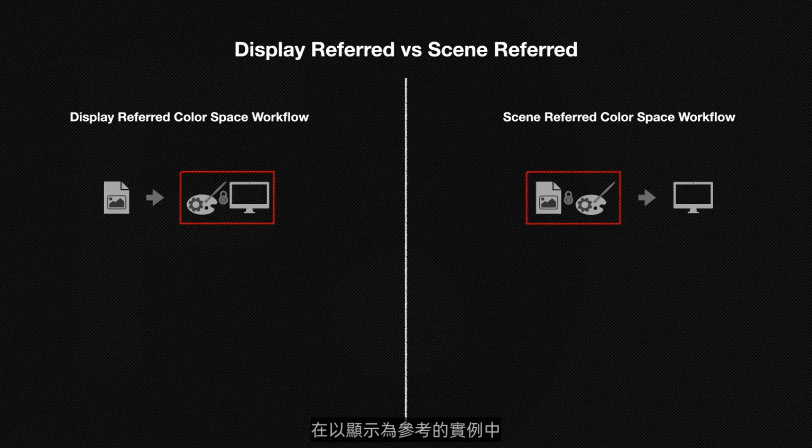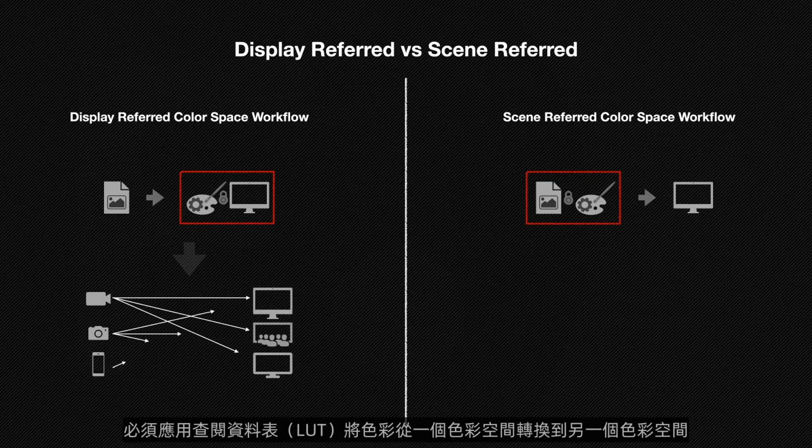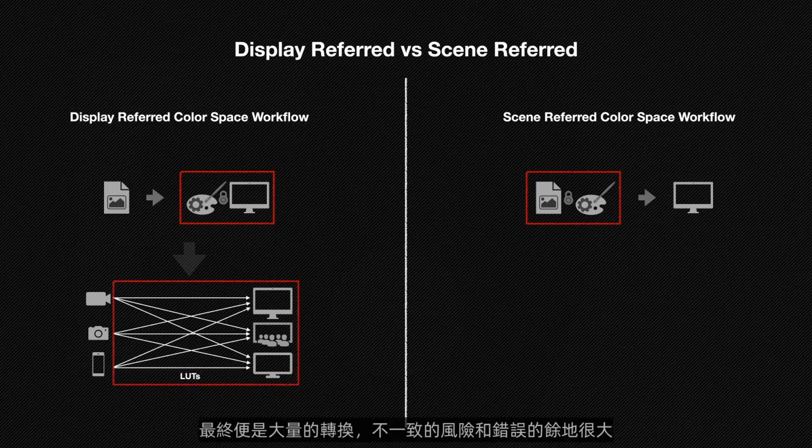As a result, in the display-referred instance, you have to apply a lookup table, a LUT, to convert the color from a color space into another for every footage for every display, ending with a lot of transformations and a high risk of inconsistency and a margin for error.